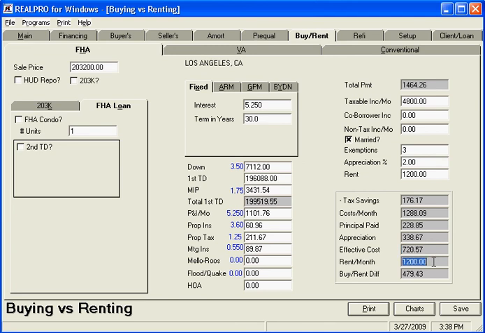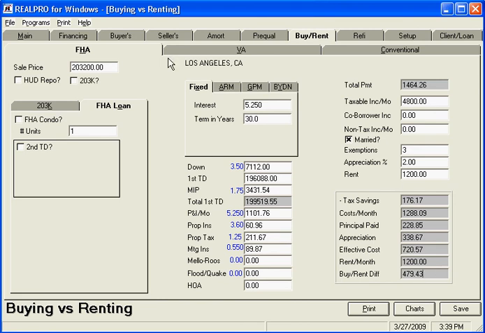The rent they're paying right now is $1,200 a month. Does it make sense to continue renting, or should they buy? And because you gave them this information, why wouldn't they buy from you? The buy-rent difference is $479 a month. So they would be ahead by $479 a month if they bought this house rather than continuing to rent.